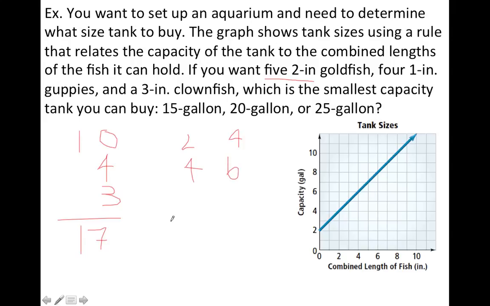And at 6 inches, we have to have an 8-gallon tank. Every time we're going up by 2 inches, we're going up by 2 gallons for our tank. So if we have 17 inches, that means we at least have to have a 19-gallon tank, which means 15 is too small, 25 is way too big, we'd have to buy a 20-gallon tank.